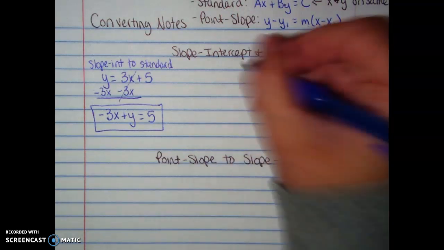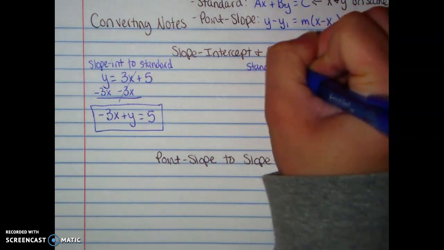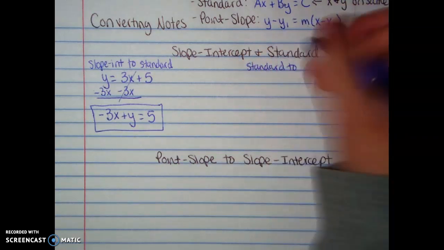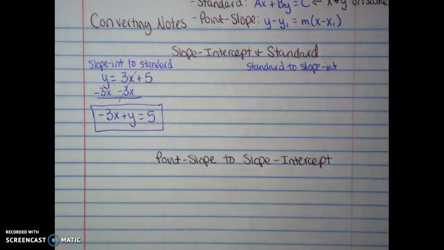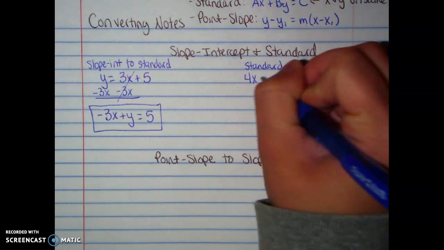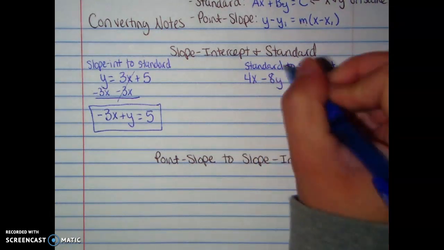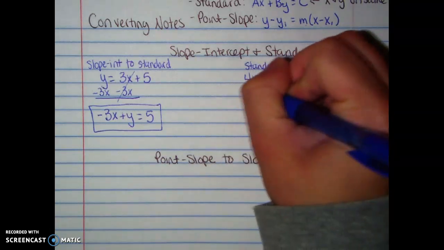And this next one is going to be standard to slope-intercept. And the equation for this one is 4x minus 8y equals 40. Okay, to go from standard to slope-intercept, I need to get y by itself. So first thing I'm going to do is subtract the 4x to move it over to the other side.